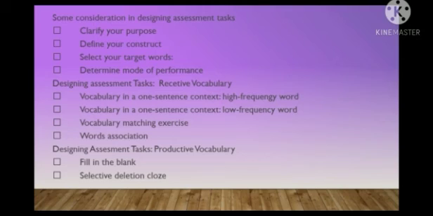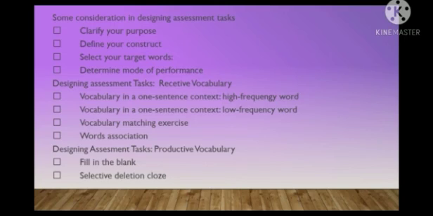Next are some considerations in designing assessment tasks. Some steps to design vocabulary tests are: clarify your purpose, define your constructs, select your target words, high frequency words, low frequency words, specialist vocabulary, sub-technical words, and determine the mode of performance, receptive and productive vocabulary.